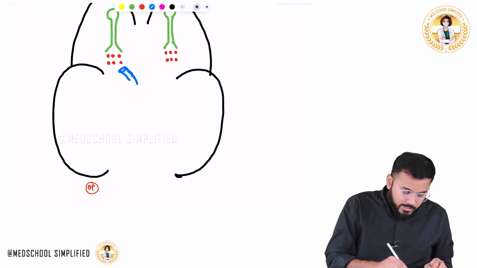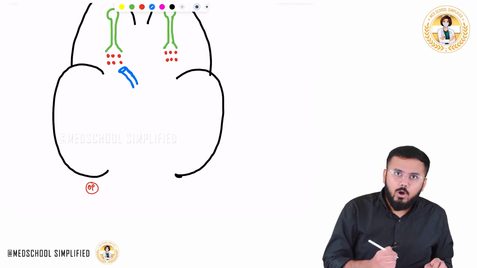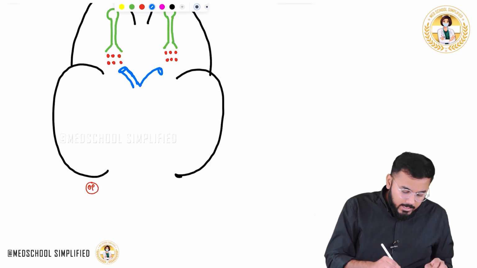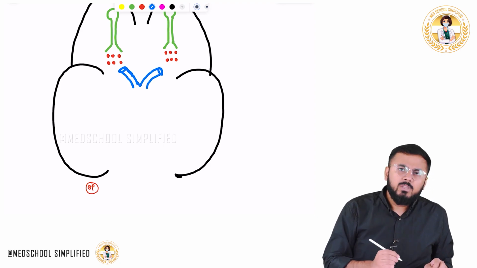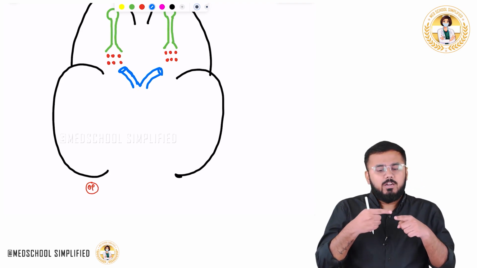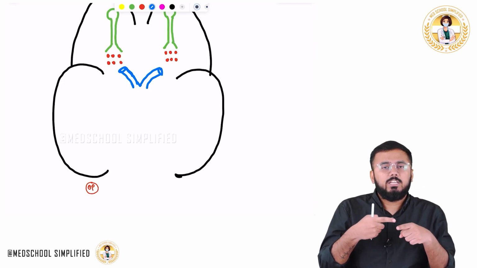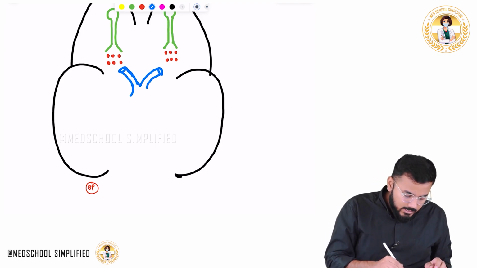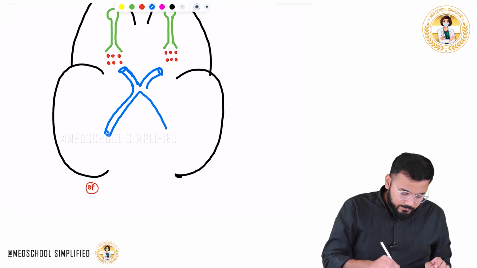See, this particular thing which I am drawing right now is your optic nerve. This is on the right side, so the right optic nerve, and here I have got the left optic nerve. The right and left optic nerves partially decussate, in the sense they cross partially. So they cross like this.